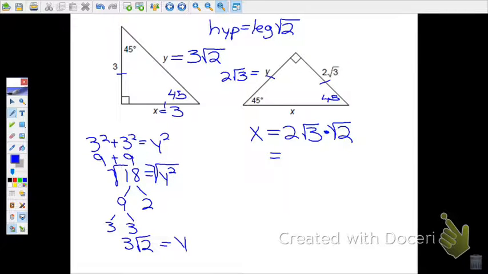So what am I going to get when I multiply that together? If it's on the outside, so I just have the 2. Inside, I multiply them together. 3 times 2 is 6. Can I simplify the square root of 6? That cannot be simplified. So 2 square root of 6 is my answer for x. Again, I could have done the Pythagorean theorem and got the same answer, but it would have taken me a lot more time and work to get there.